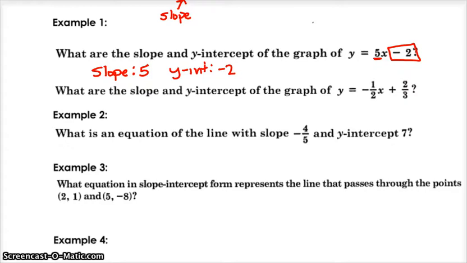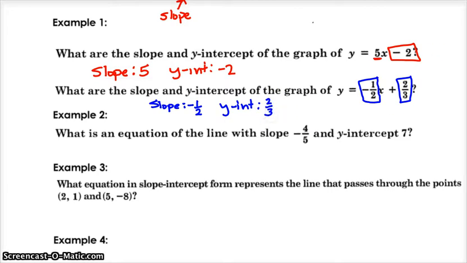Let's look at another one. My slope is the coefficient of x in this problem, that's negative 1/2. The y-intercept is the constant, and that's 2/3.